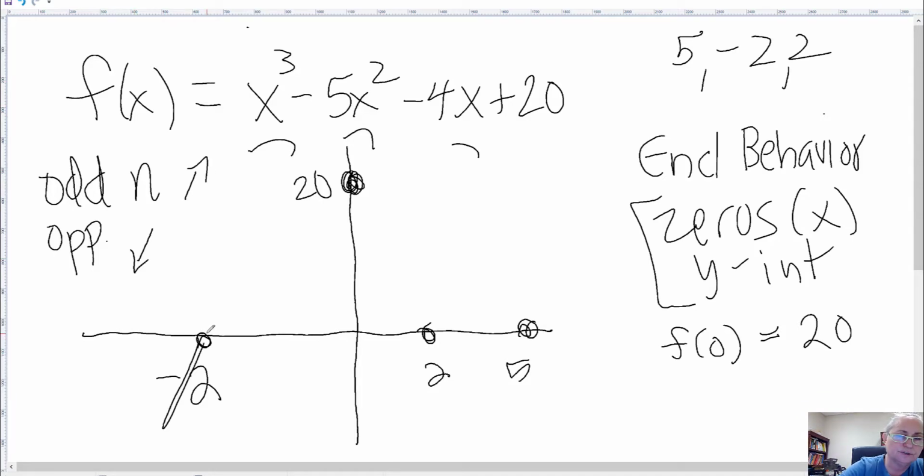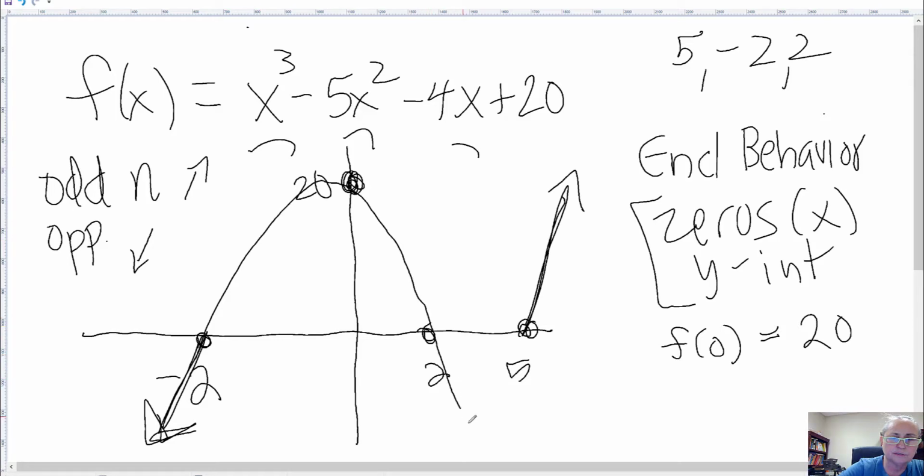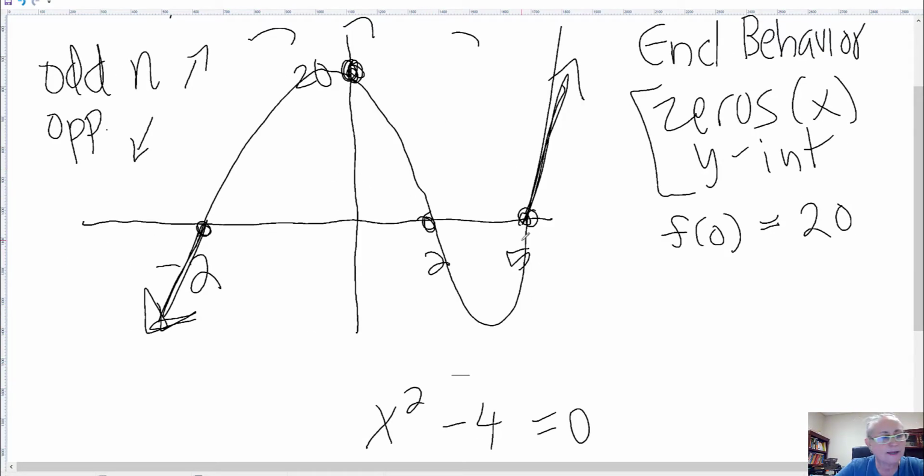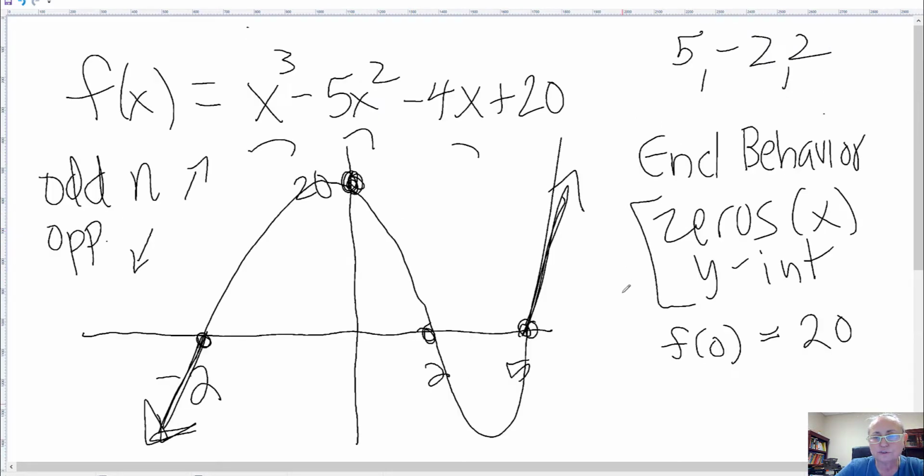So I know I'm down here and I'm up here, and I've got to connect all of these points, and I can't cross the x-axis again. So I'm going up to here, down to here, and up to here. And so my graph would look like that. And that's how you graph a polynomial function.